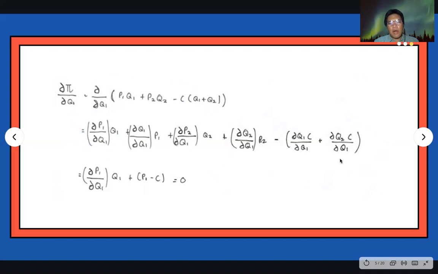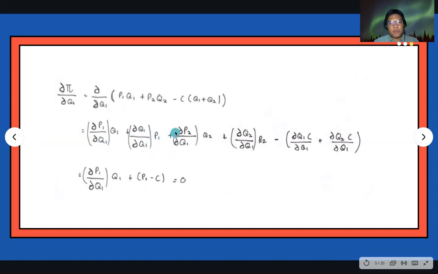After we distribute the derivation here, we make an adjustment by checking whether each derivative is functionally working or not. In the first one, we know that this is valid, because dou Q1 over dou Q1 can be stated as 1, so this is only P1.